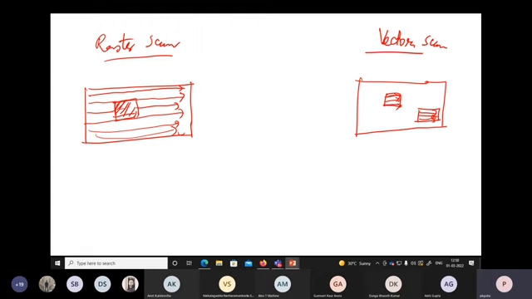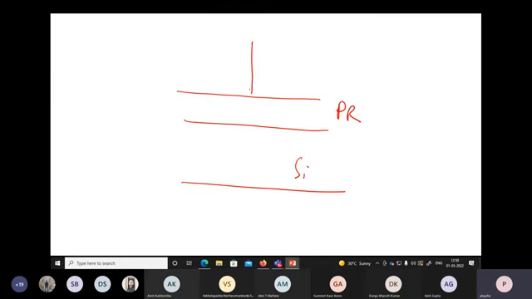Because there are some other constraints. What are those? For example, you see there is silicon, there is photoresist here, okay, and this electron beam is going inside and it is interacting with the resist. So once it comes inside the resist, what it will do, it will scatter, these electrons will scatter, okay.